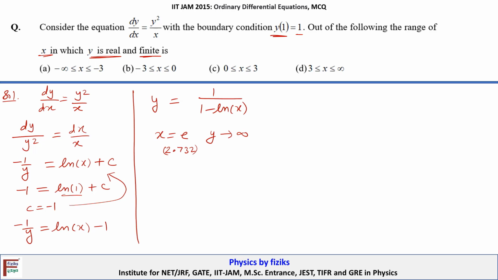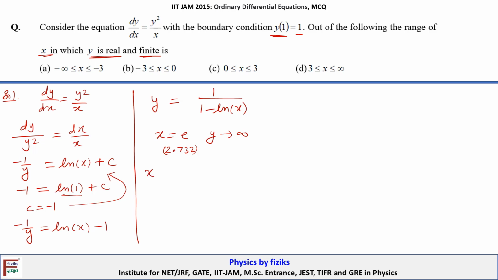Now from here if we put x is equal to 0, then ln of 0 becomes minus infinity, and the denominator becomes 1 minus minus infinity, which means 1 by infinity. That means y is equal to 0 at x is equal to 0.